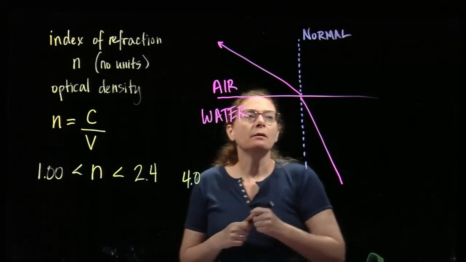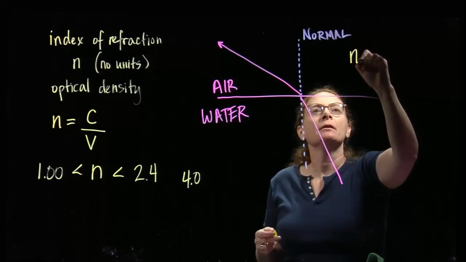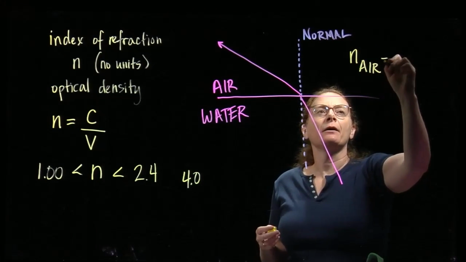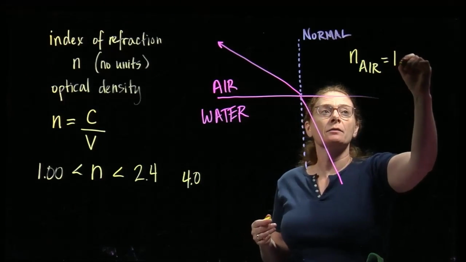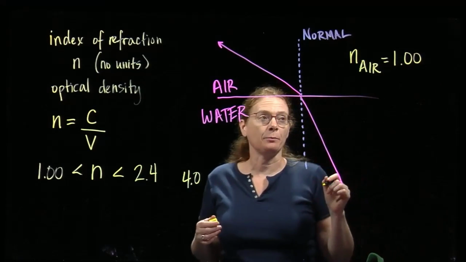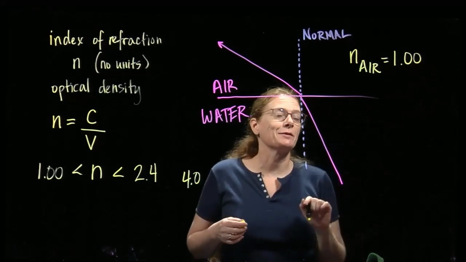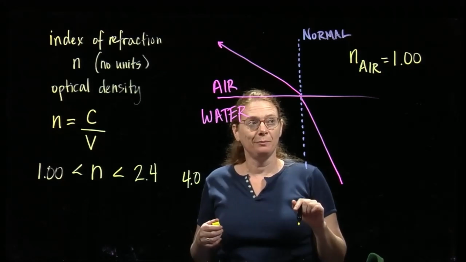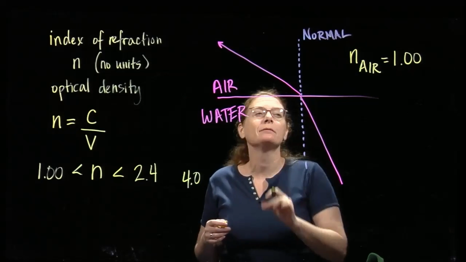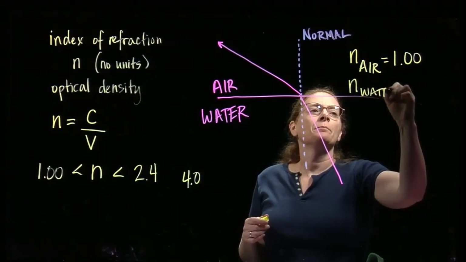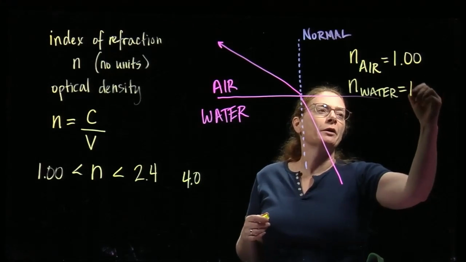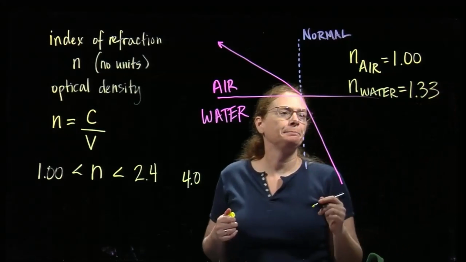Some common indices of refraction. The index of refraction of air. Well, light does travel through air very well. It's almost the same as vacuum. You have to go a couple more decimals out to see that it's a little more than 1.0. Water, another common material. The index of refraction of water is 1.33, 4/3.